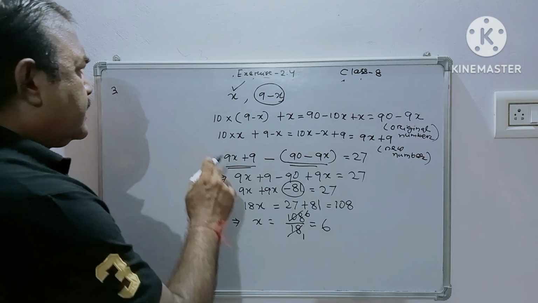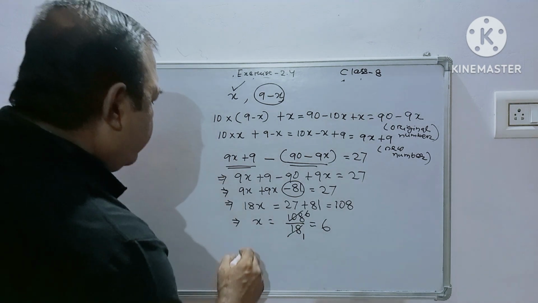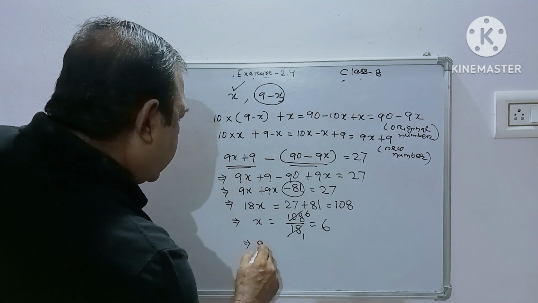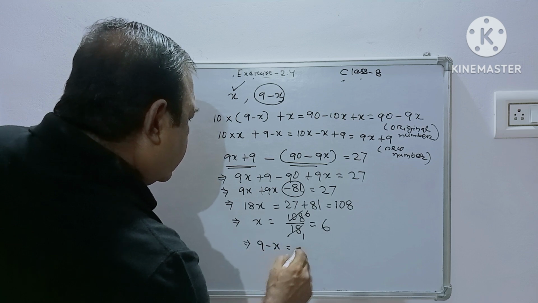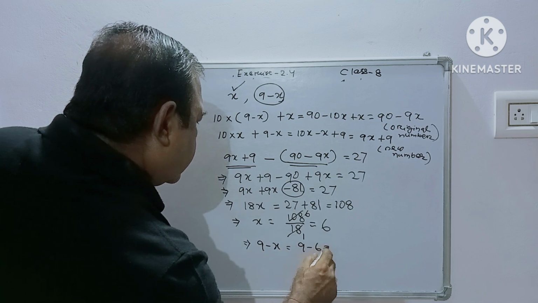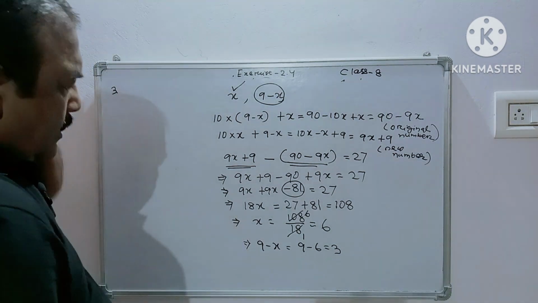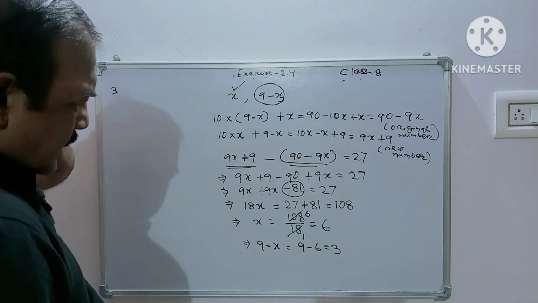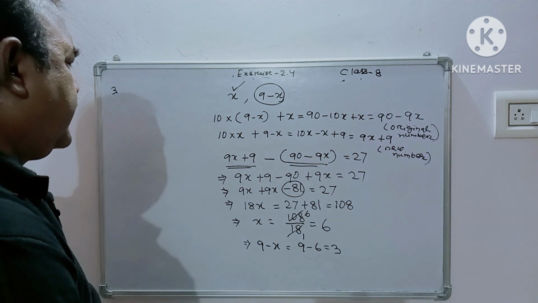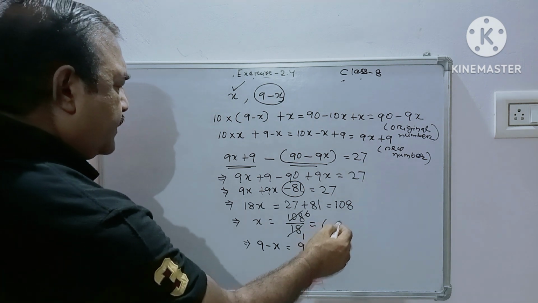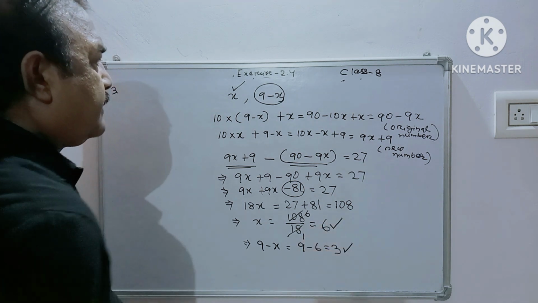So if x becomes 6, what is 9 minus x? That is 9 minus 6, that is equal to 3. So the two digits are 6 and 3.